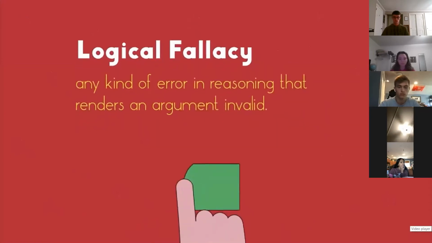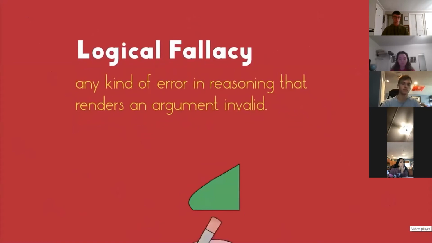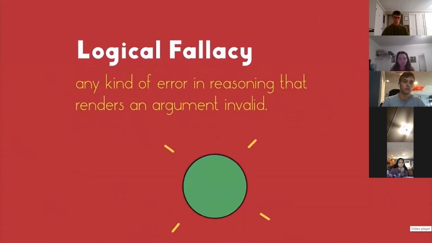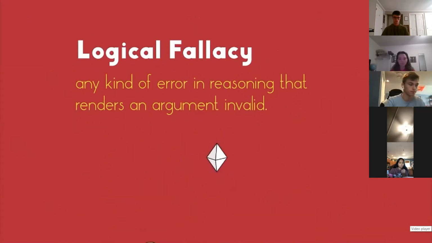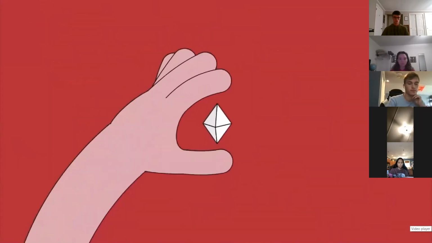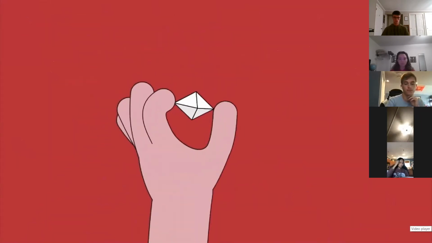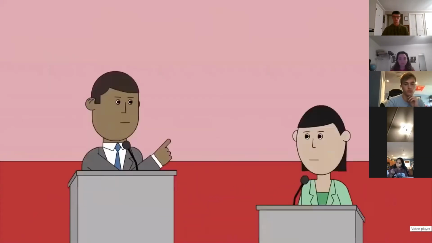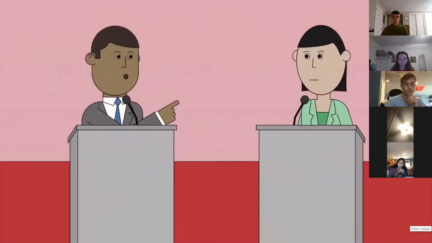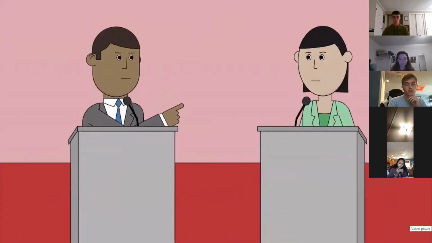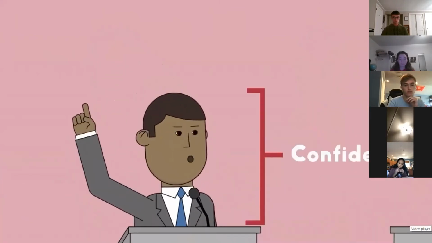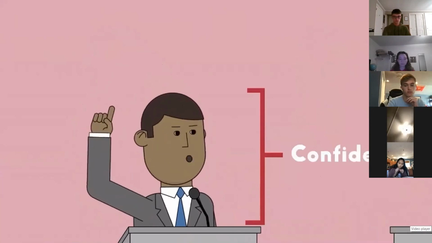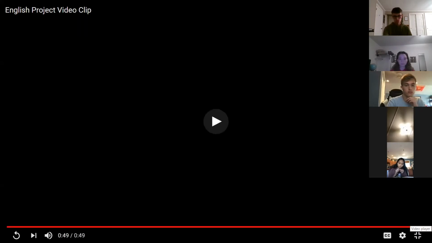They can involve distorting or manipulating facts, drawing false conclusions, or distracting you from the actual issue at hand. In theory, it seems like they'd be pretty easy to spot, but this isn't always the case. Sometimes logical fallacies are used intentionally to try and win a debate. In these cases, they're often presented by the speaker with a certain level of confidence, and in doing so, they're more persuasive.